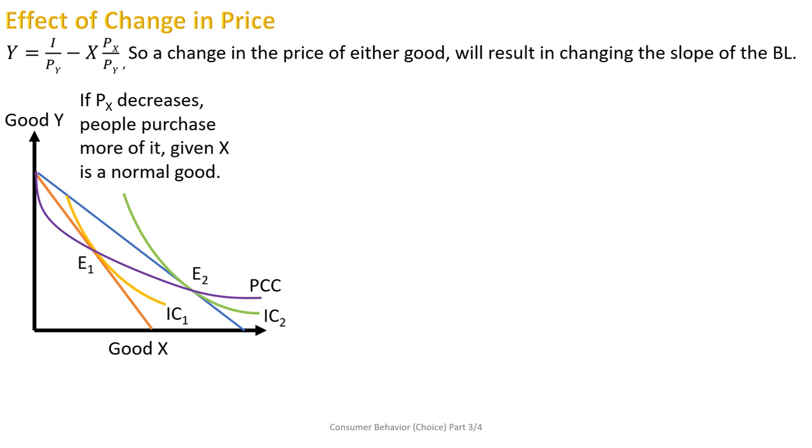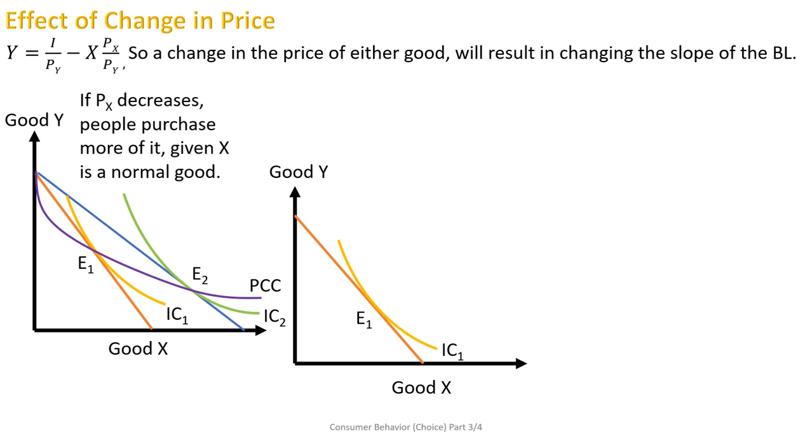Next is the same case of decrease in the price of X. However, the nature of commodity is changed. Let's first examine how it is represented graphically, and then we shall talk about the nature of the commodity. Again, the consumer is in equilibrium where the budget line is tangent to IC1, that is at point E1.